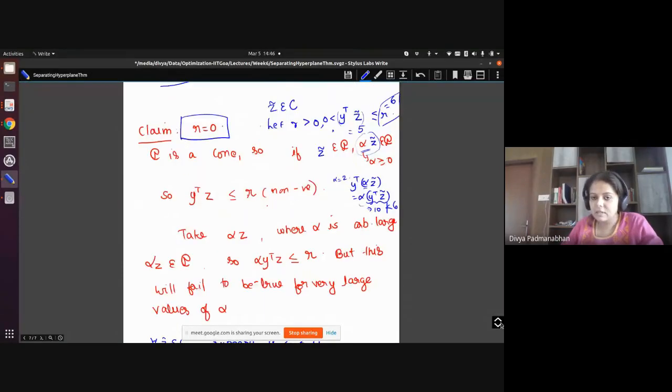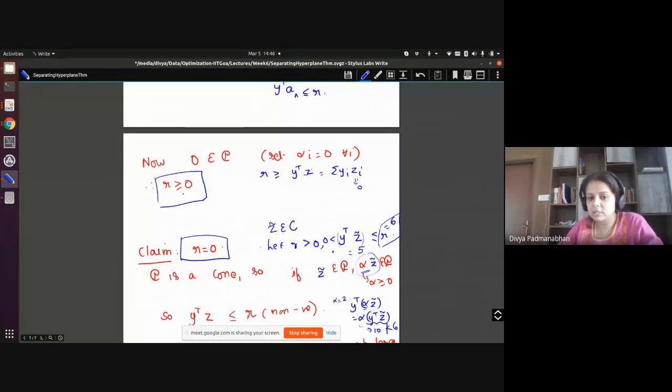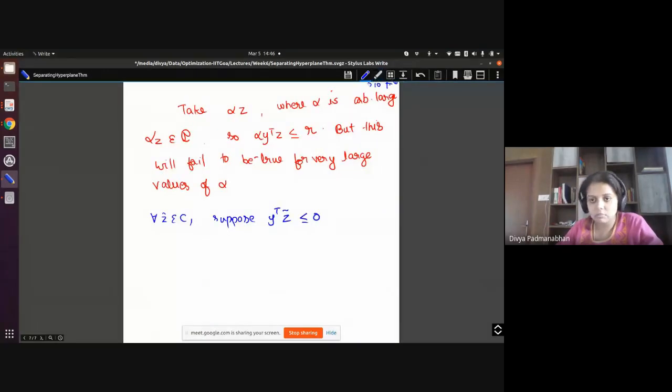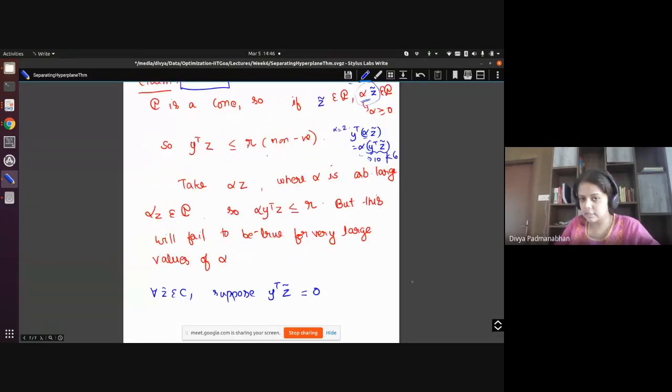Okay, so that we have eliminated because R has to be greater than or equal to 0. So let us say that for all these cases y transpose z tilde is equal to 0. Okay, so then you're already done. So you can just set R equals 0.